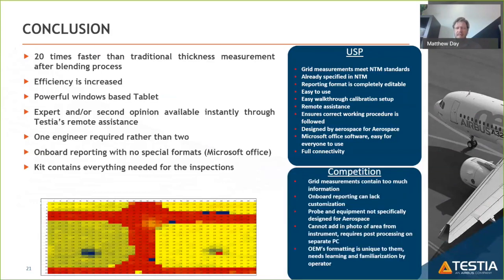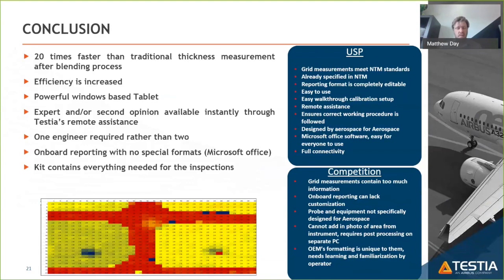Okay, so the competition. Nearly all of them will export phased array grid measure C-scan measurements into Excel. Usually, the grid measurement is a 1 millimeter by 1 millimeter. It's too much information. It's too much information for the recipient of the reports, and it's too much information for the NTM.